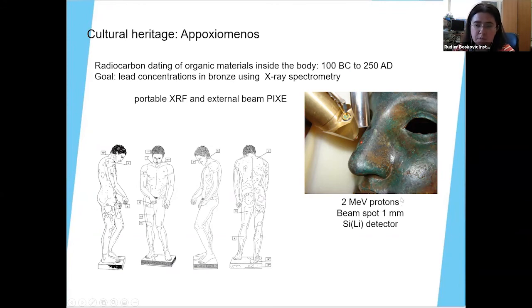We used the MeV proton beam, and the beam spot was around 1 millimeter in size. I just wanted to mention that some organic material was found inside the body, so radiocarbon dating was performed on this material, and they concluded that the statue is probably between 100 BC and 150 AD.